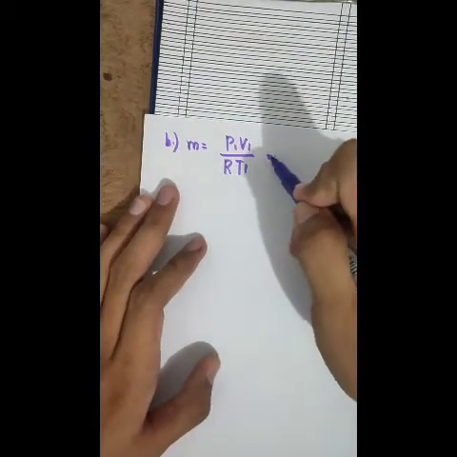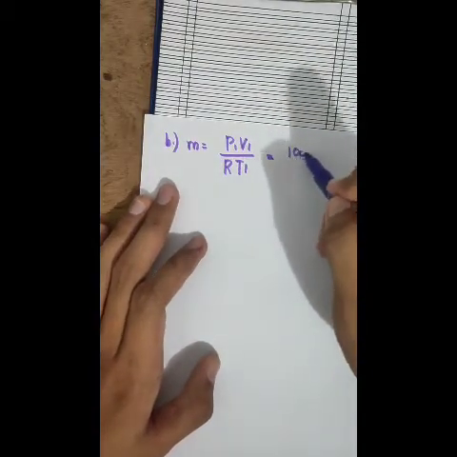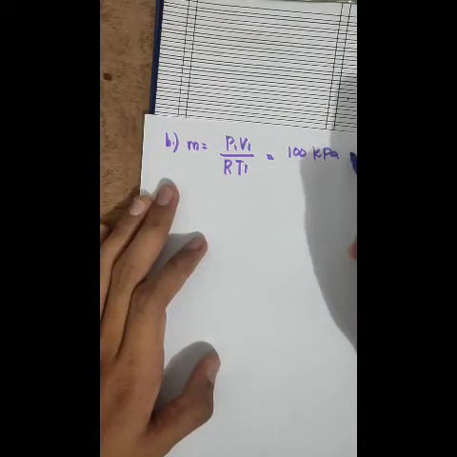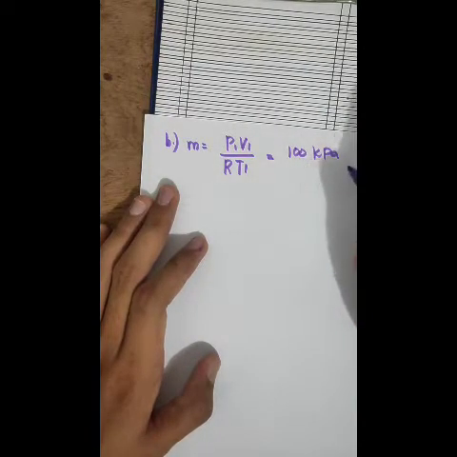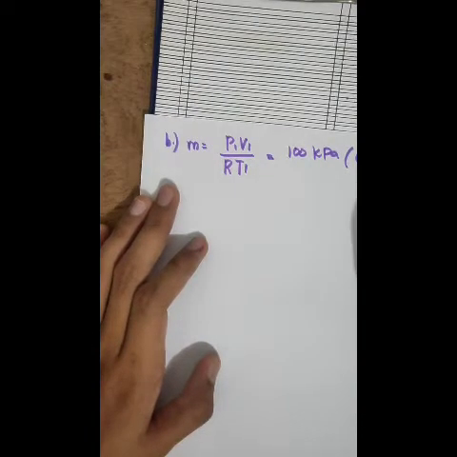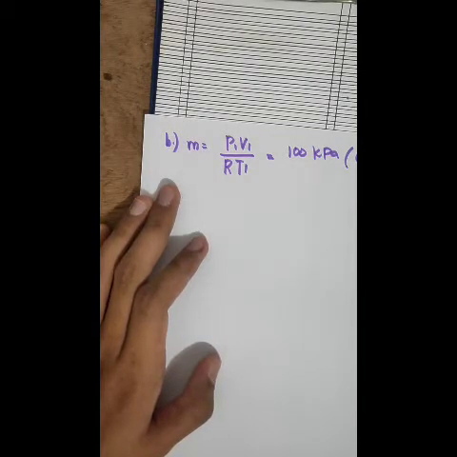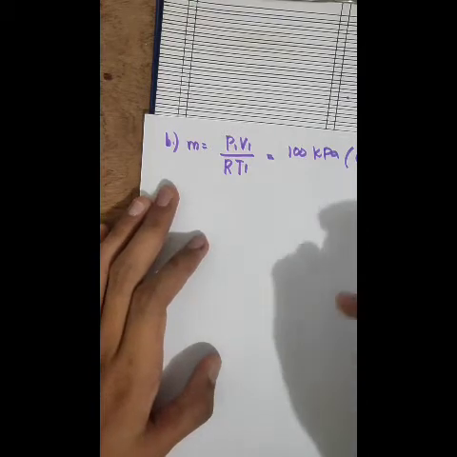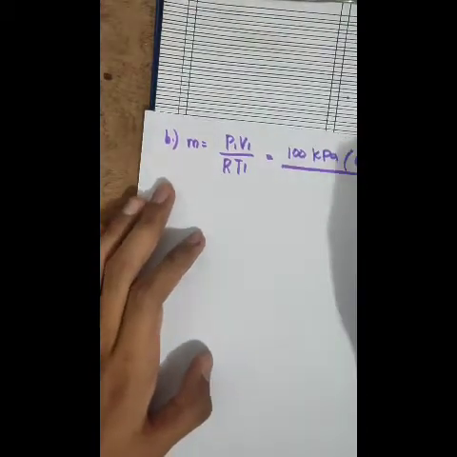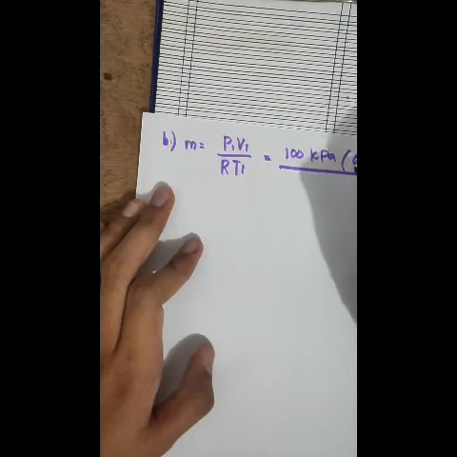So pressure 1 is equal to 100 kilopascal. Volume 1 is equal to 0.0006 cubic meter, from this we converted cubic centimeter into cubic meter.